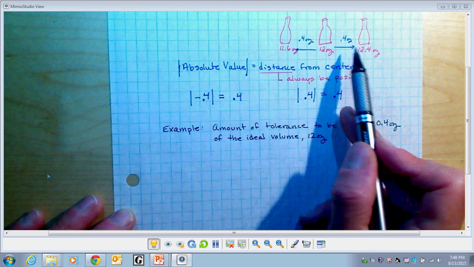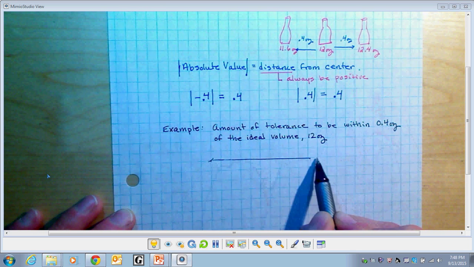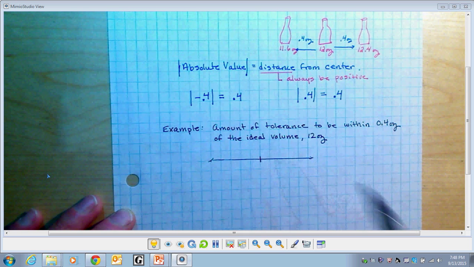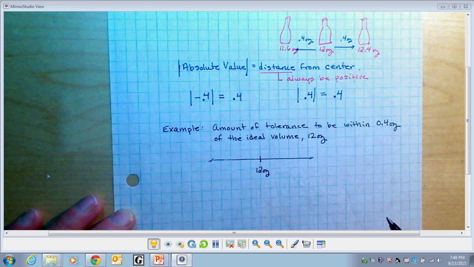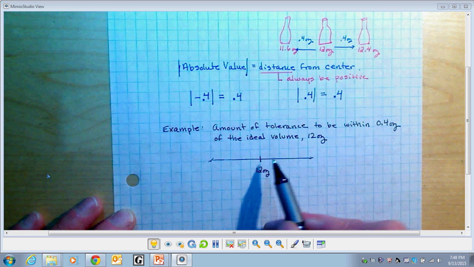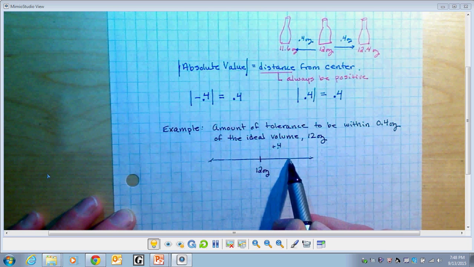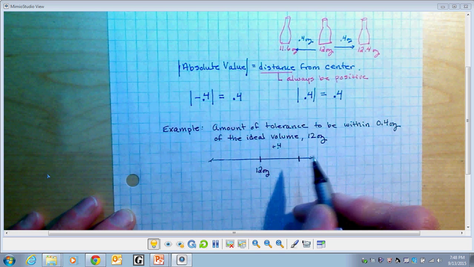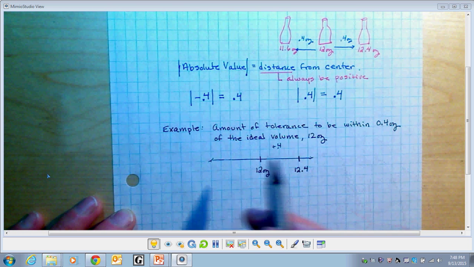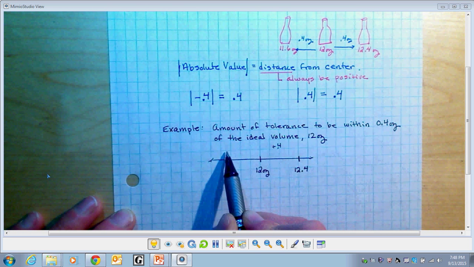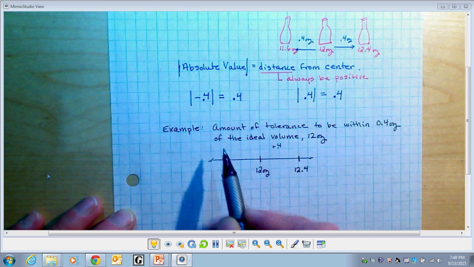I'm going to do this in number line form. So here is my center. My center is my ideal. That's 12 ounces. And remember, I can go positive 0.4. So this would be 0.1, 0.2, 0.3, 0.4 right here. And that would be 12.4 ounces. I can go another direction of 0.4 this way. 1, 2, 3, 4.